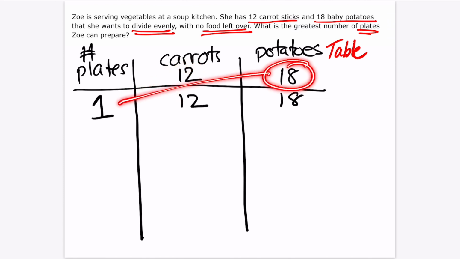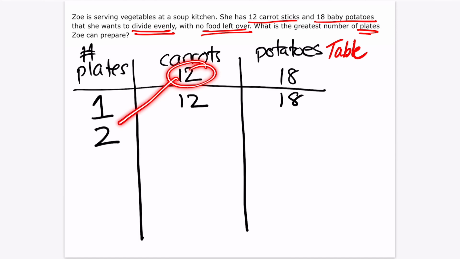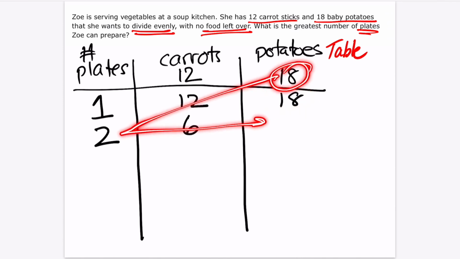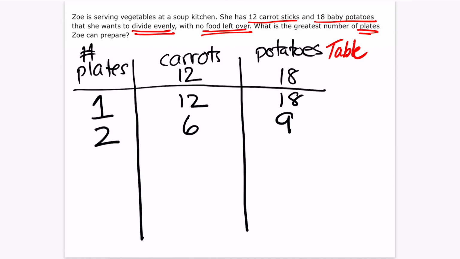I can think 18 divided by 1 gives me 18. So that's me using my math facts. What if I have 2 plates? I'm going to do that same thinking. 12 divided by 2 is going to give me 6. And 18 divided by 2 is going to give me 9.